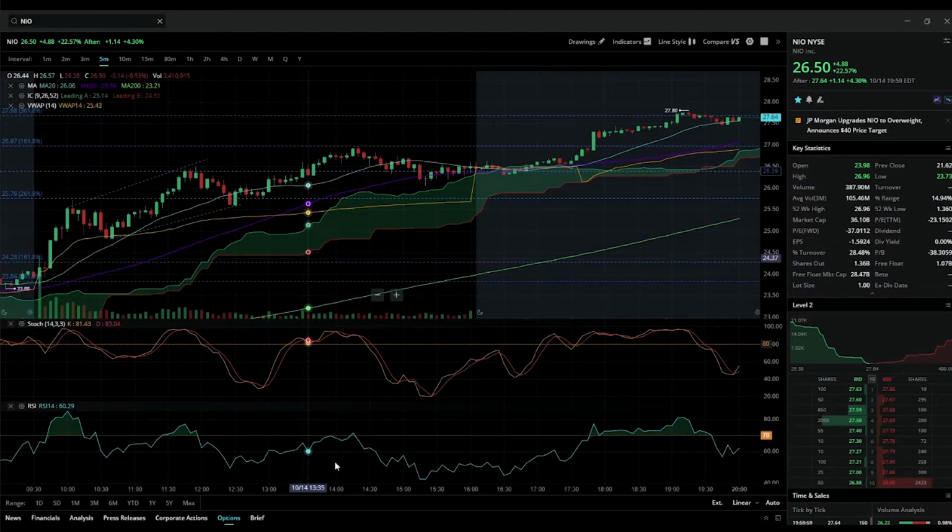And once again, you see that the RSI right here doesn't make a higher high compared to the underlying stock price. So that again is another bearish divergence that you could easily see. You could have played this right from the fib to the next fib.